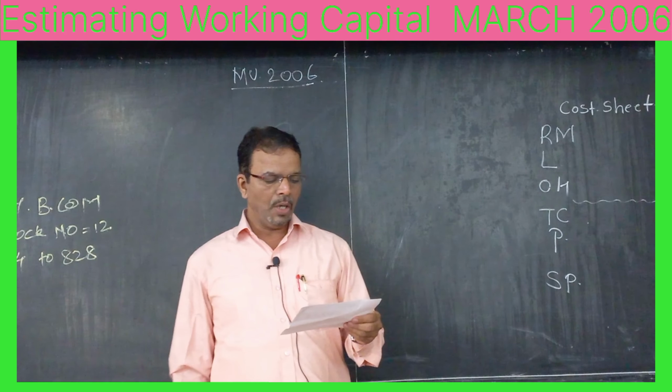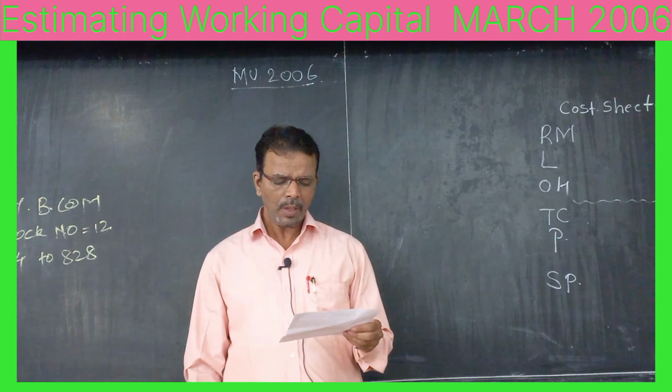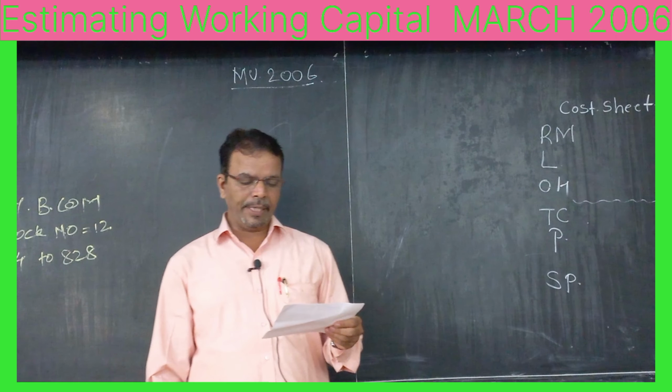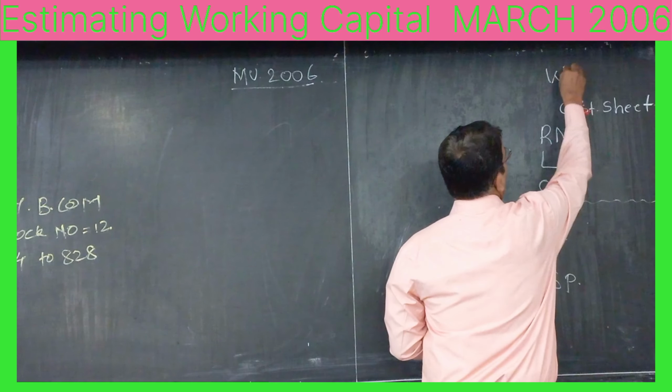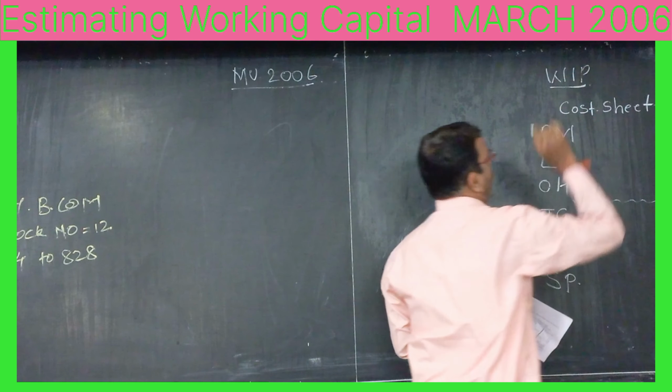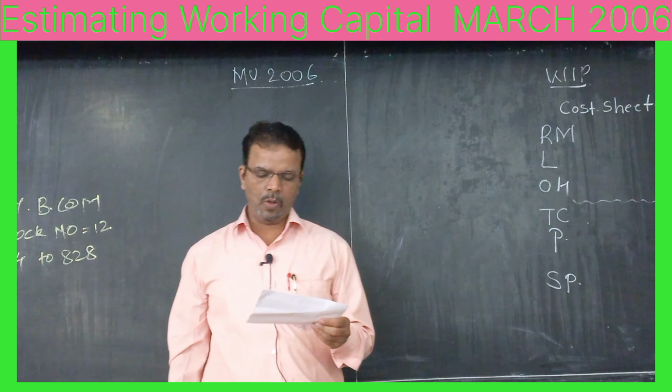Raw material remains in stock for 4 weeks, and the production cycle takes 4 weeks. Now, production cycle is nothing but work in progress, and we know that work in progress includes raw material, labor and overhead.